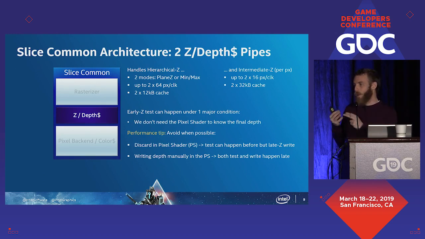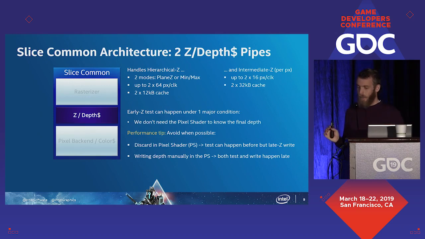In this case, we do not know if the pixel is going to be written out or not. So we can test if it's hidden before the pixel shader, but we cannot write the output value. The second case is when you write depth manually in a pixel shader. In this case, both the depth test and the depth write need to happen after pixel shader processing in the pixel backend.